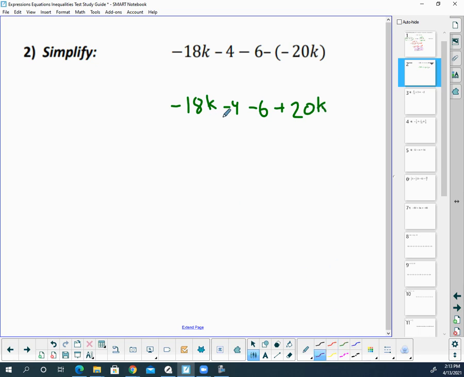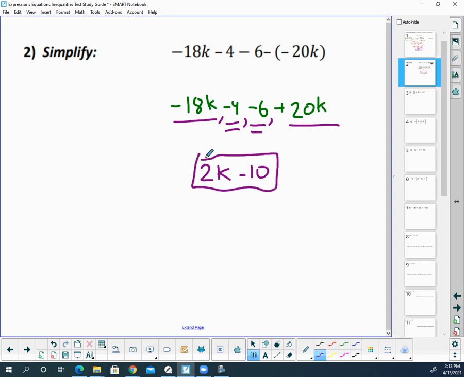Once again, my commas separate the terms: -18k and -4 and -6 and positive 20k. Well, -18k and positive 20k makes positive 2k. -4 and -6 together make -10. So the correct answer is 2k minus 10.